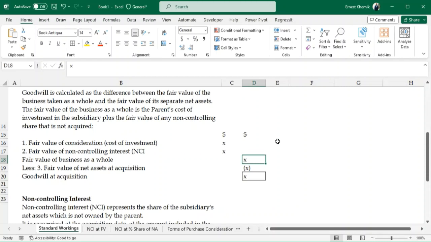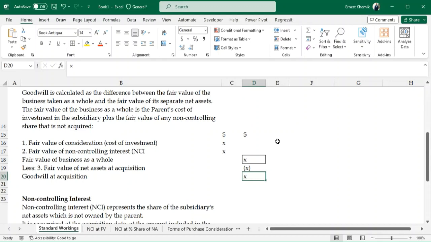Then we are going to find the fair value of the identifiable individual assets of the business, put them together, and then we subtract that value from the fair value of the business taken as a whole, and that is what we are calling goodwill.